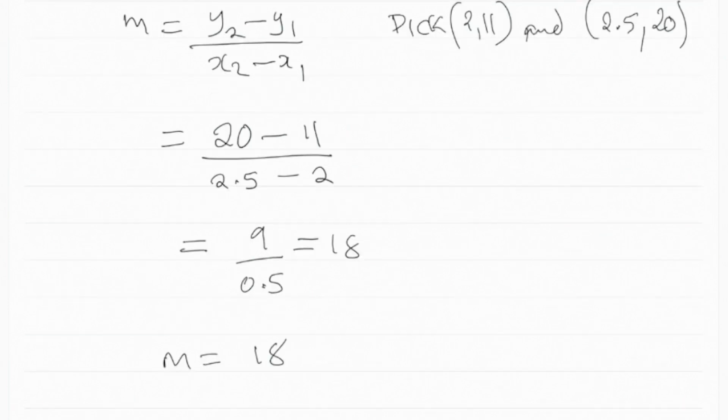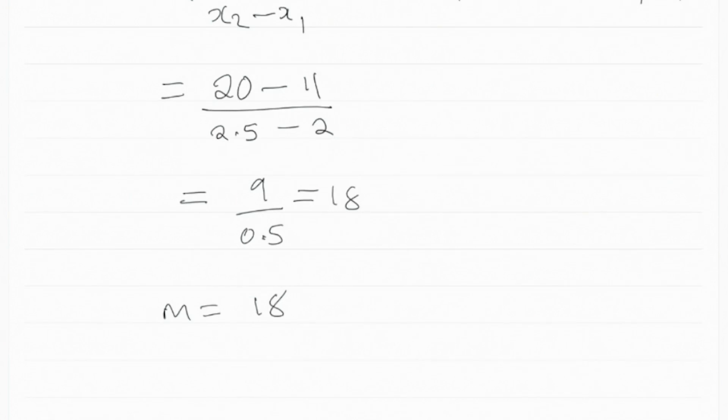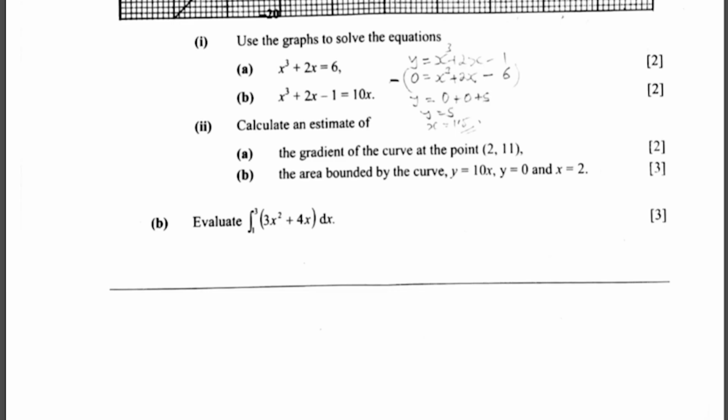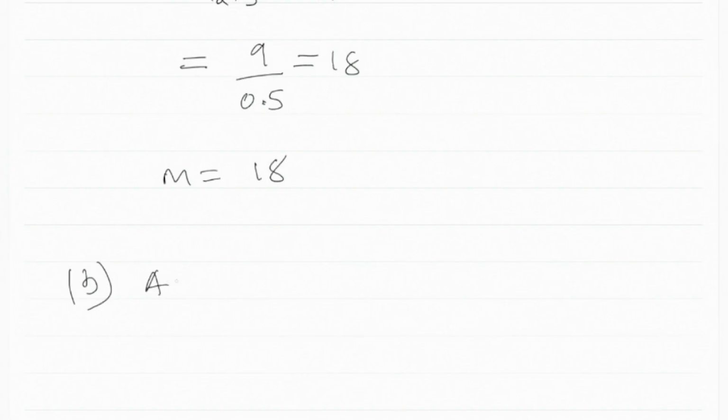Right, so now, what are we going to say? They're saying find the area bounded by the curve, y equals 10x and y equals 0 and x equals 0. So this makes it very simple for us. The area equals half times 1 times the 10 that we have.